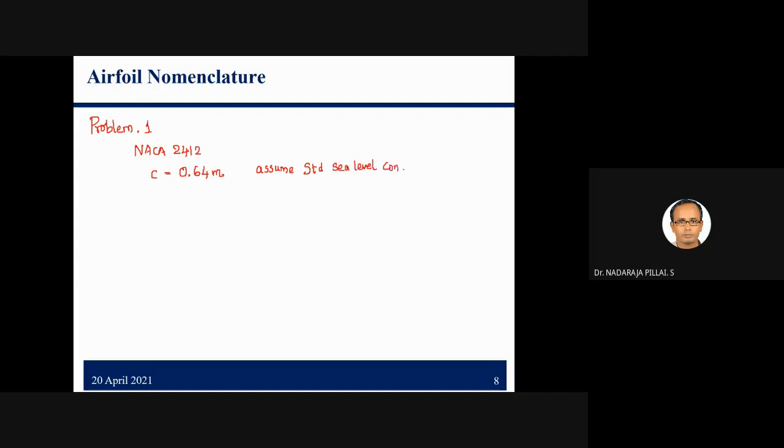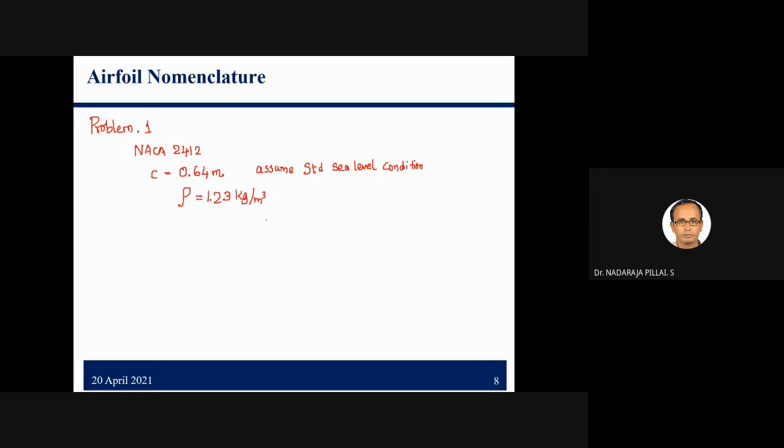What is the standard sea level condition? What is the density at the standard sea level condition? 1.23. I will write 1.23 to stop at the second digit.